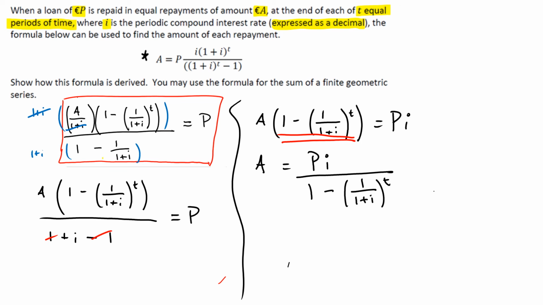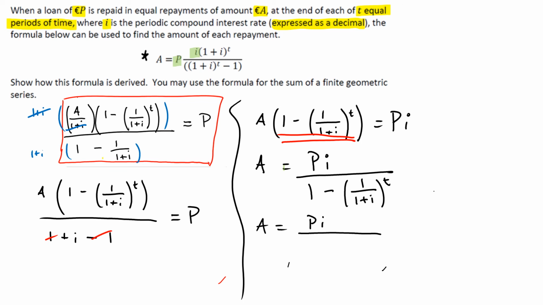Now keep an eye on what we want and what we have. At the moment we have the P and the i, that's good, but we're missing a lot more. What we're missing is a 1 plus i to the power of t on the top. So what we can do, just to tidy this up a little bit, is leave the P i up the top.